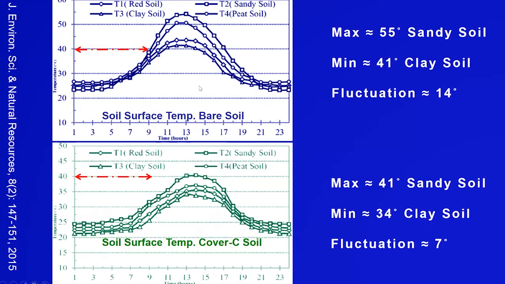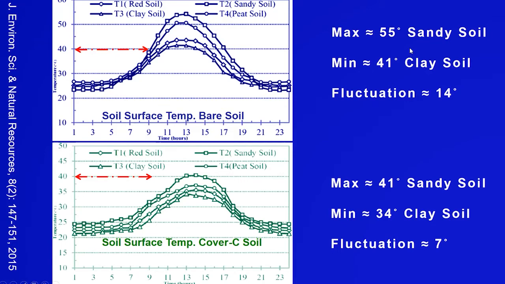Another factor, soil type. Soil surface temperature for bare soil. This is from an article, a fact. The maximum temperature measured was 55. These were measured at the same time, so it means it's comparable.